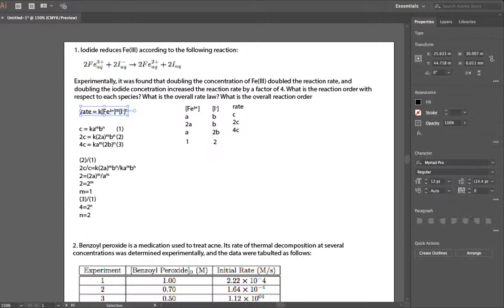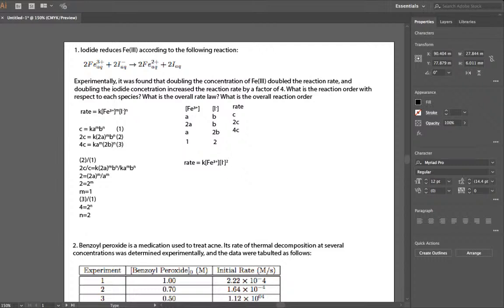Copy that, paste that in. When we put this in, there shouldn't be any power for Fe3+, and for the iodide, that will be to the power of 2. And that's basically the overall rate law.